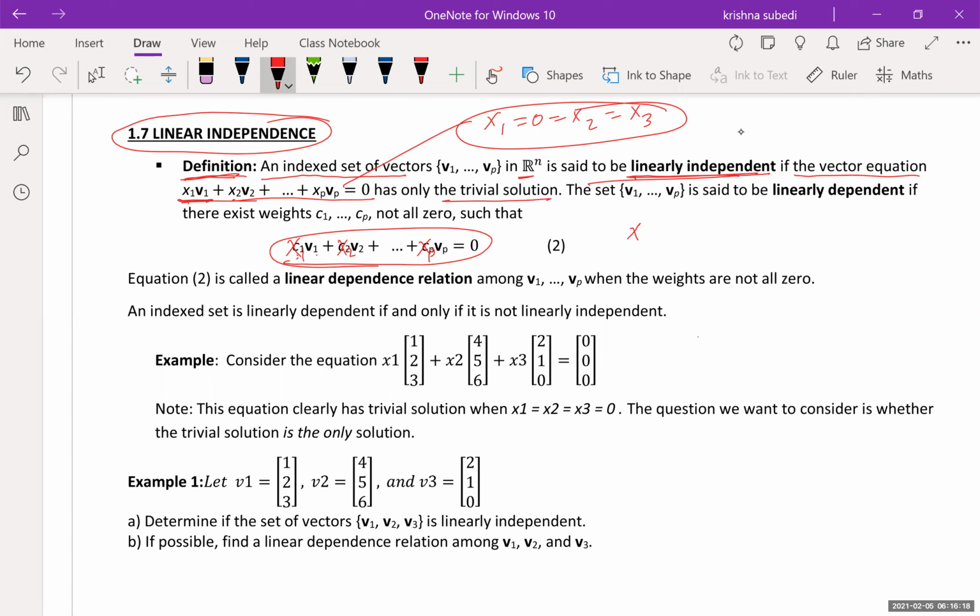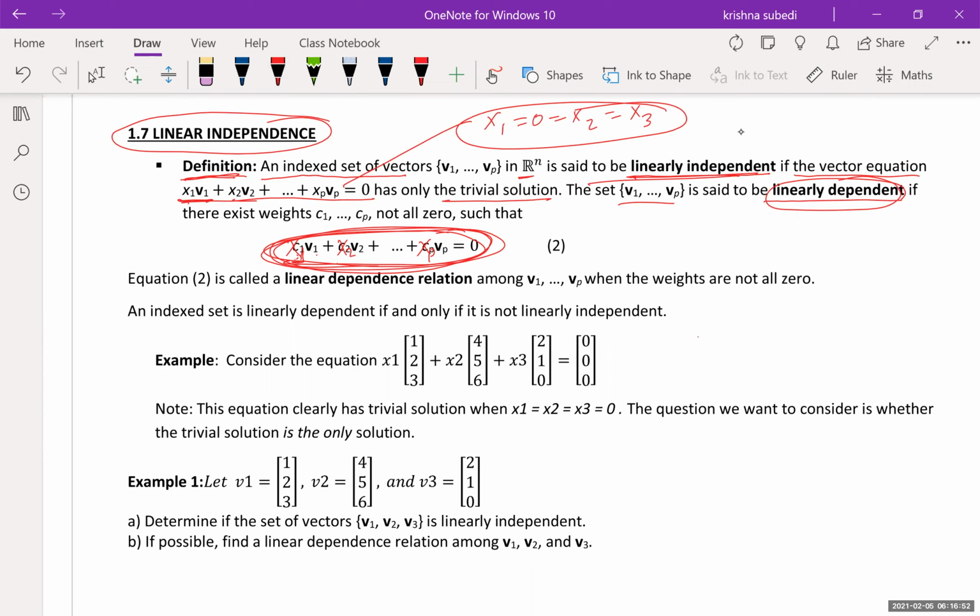And the set of vectors is said to be linearly dependent if this vector equation has some of x1, x2, up to xp not 0. At least one or more of these weights, one or more of the scalars, are not 0. Then we call it linearly dependent.